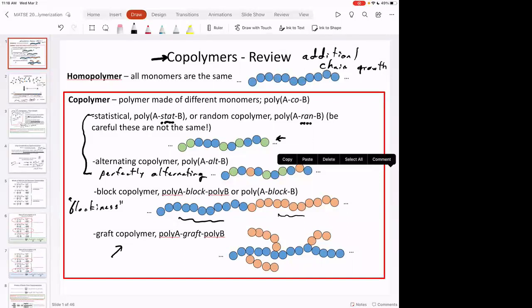Most of the time we'll talk about statistical copolymers, which have no pattern to the monomers. The monomer incorporation is just based on the statistics of the monomers that you put in. That's where statistical copolymers come from. And it turns out that random copolymers have an exact definition in this context. And so I'll show you exactly what a random copolymer means by definition when we get to it.